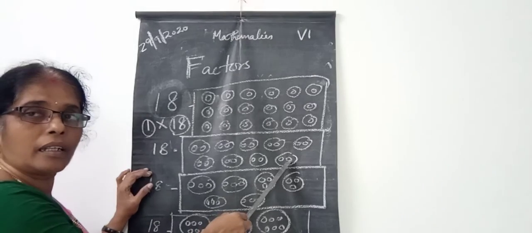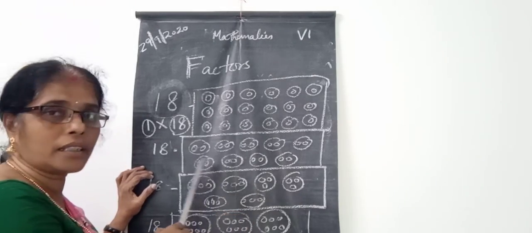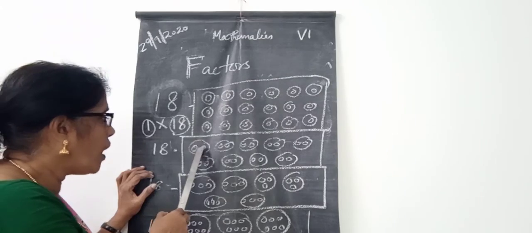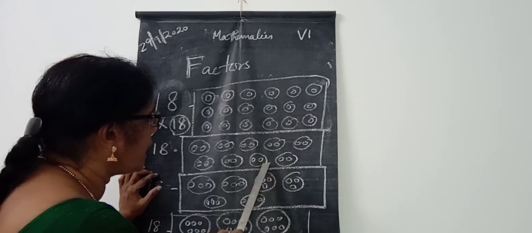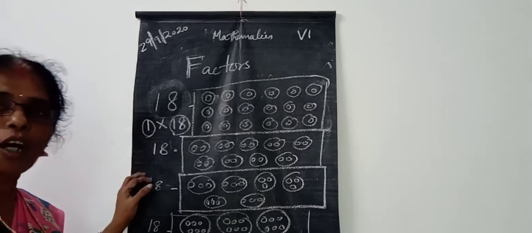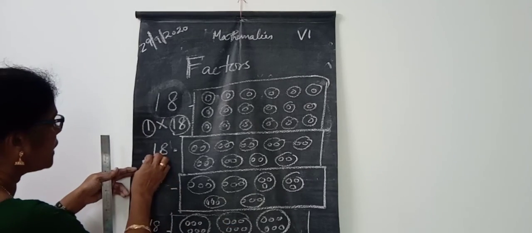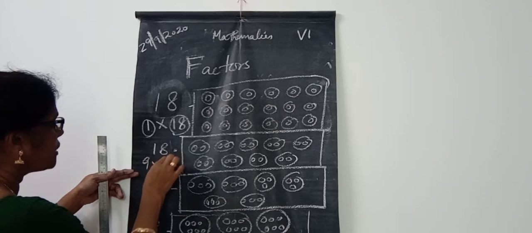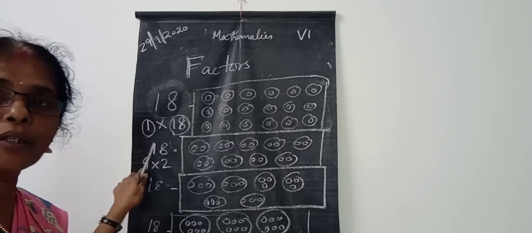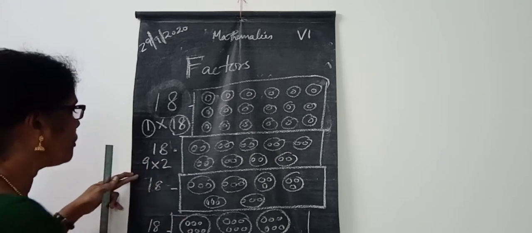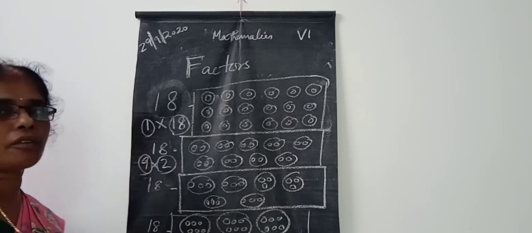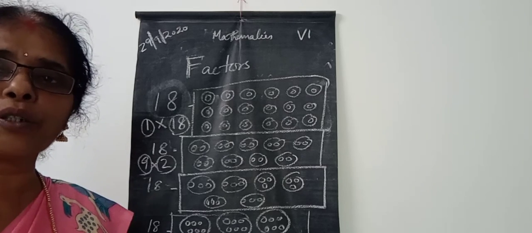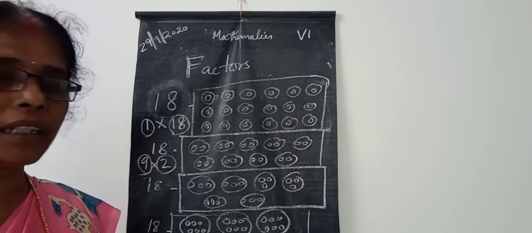Then how many children got these sweets? 1, 2, 3, 4, 5, 6, 7, 8, 9 children got 2 each. 9 twos are 18. So 9 and 2 are the factors of 18.